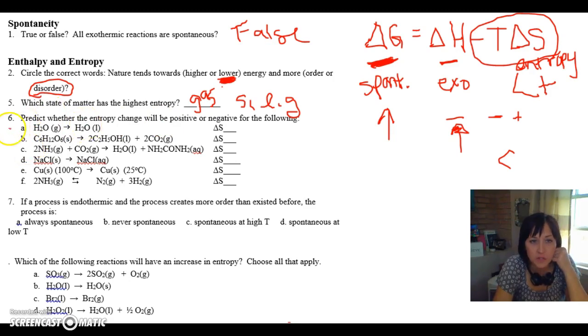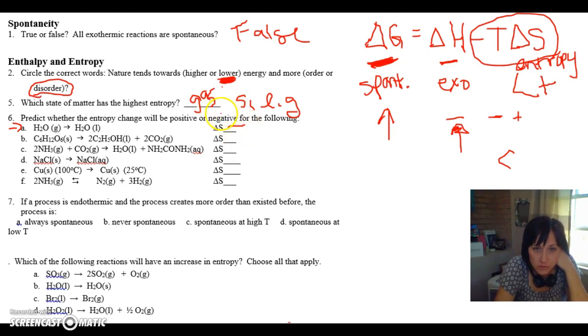Okay, so the first one, remember, entropy is disorder. So we're going from a gas to a liquid, so it's going to have more order. For the entropy, more order is negative, right?